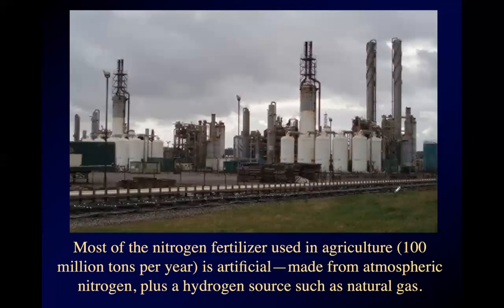You can buy bags of this at a garden center for your houseplants, but large-scale farmers will buy this stuff by the ton. And most of that fertilizer is made from atmospheric nitrogen by an artificial process that was discovered a little more than 100 years ago.